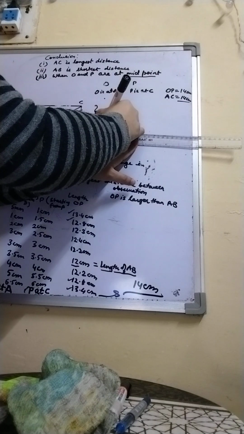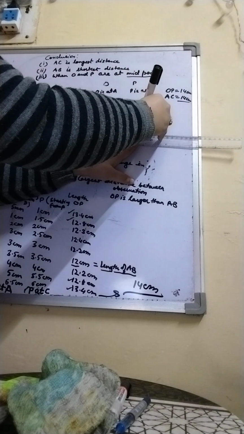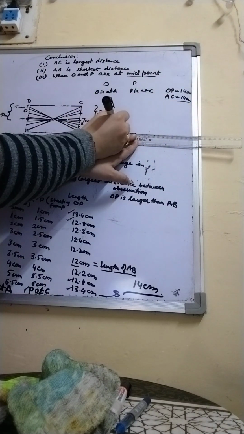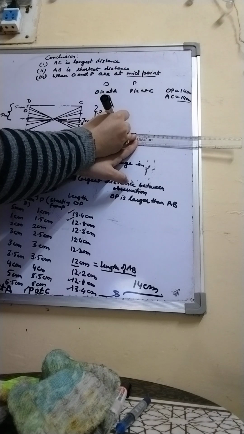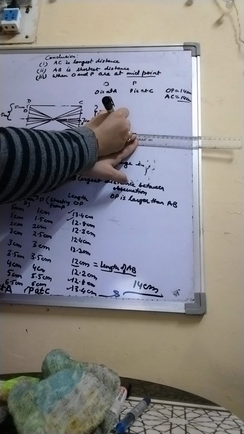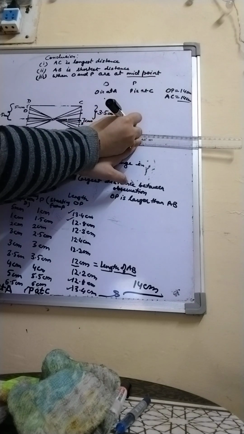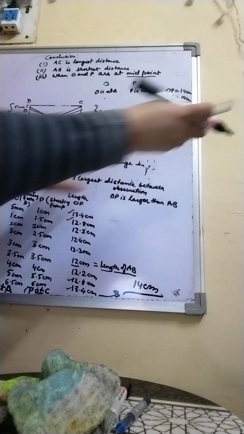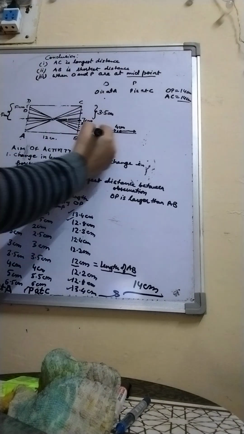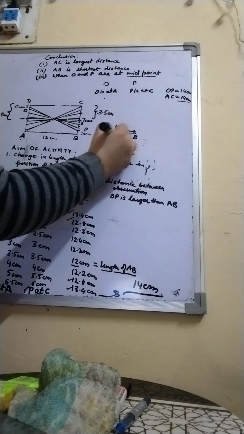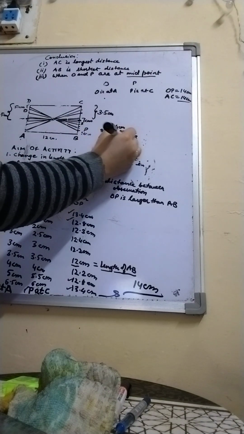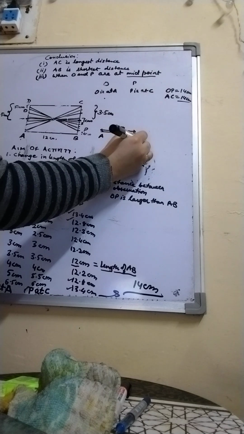Suppose you have a line here of say 8 centimeter. So what would be the midpoint? Midpoint is the half of 8 centimeter, that is 4 centimeter. Okay. So this is 4 centimeter and this is also 4 centimeter. So you say that here if I write A, B and this as O, so O is the midpoint of AB.